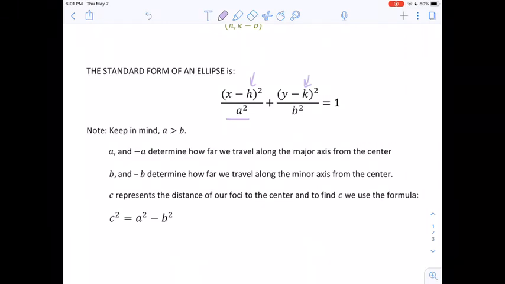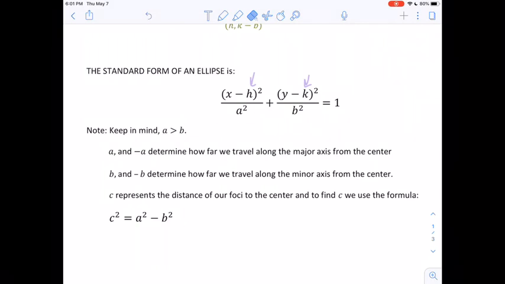If your bigger number was under the y variable, then you're going to be traveling along your y-axis, and that's going to be your major axis. In the standard form right here, the major axis is underneath the x because a is underneath the x. That's always going to determine that for you.